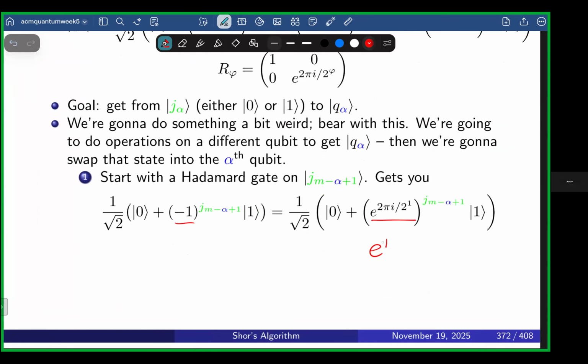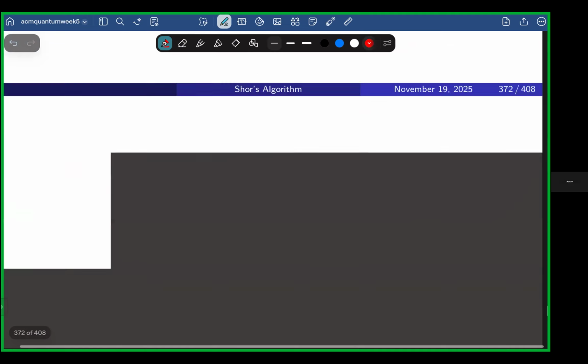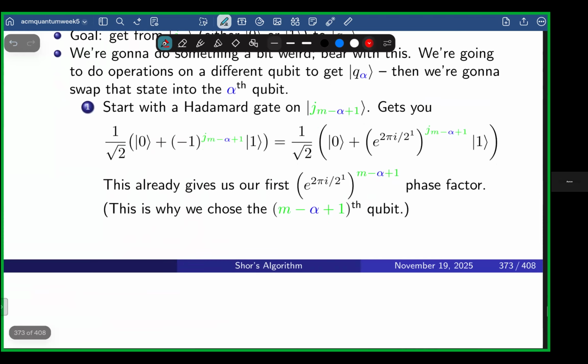Then we add 2 in the numerator and divide by 2, just to match the form that we always have. So this is exactly this. You see that? Applying the Hadamard gate, we've added our first phase. Now we have to add all these other phases. That's why we chose that weird index qubit.